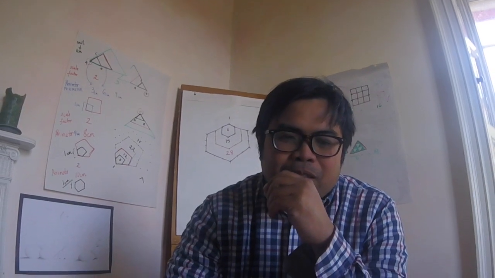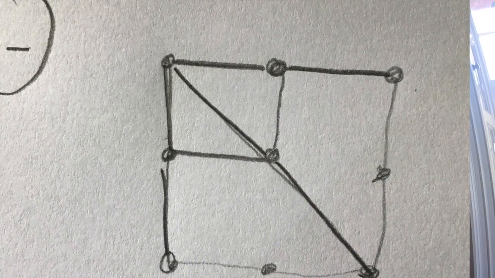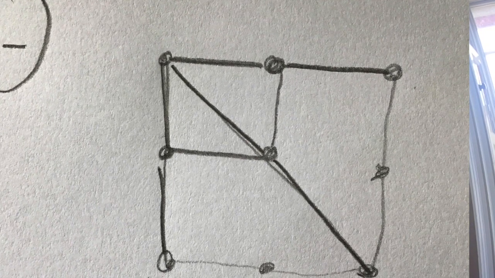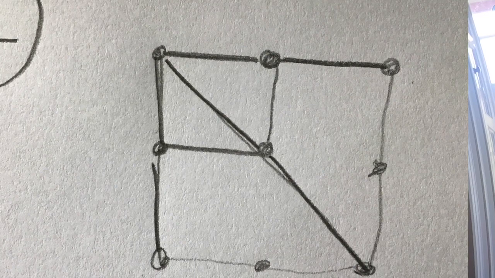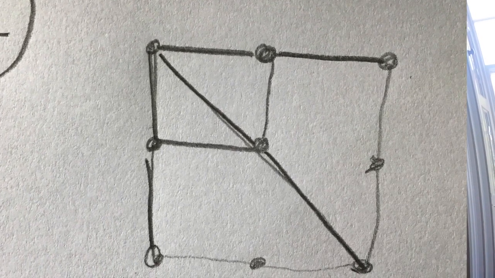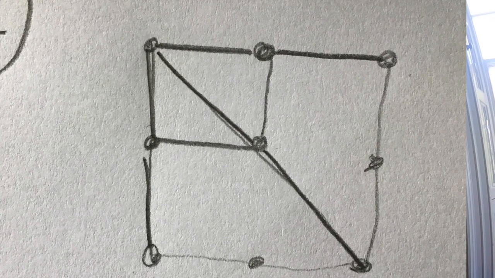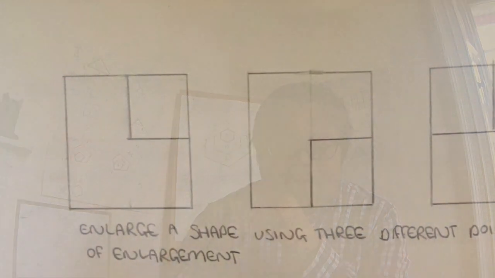This is an example of enlargement from one point of view, right? And when I saw this, I thought, oh, it's a square, but it's an enlargement. But thank you for that. So here we go to another example.